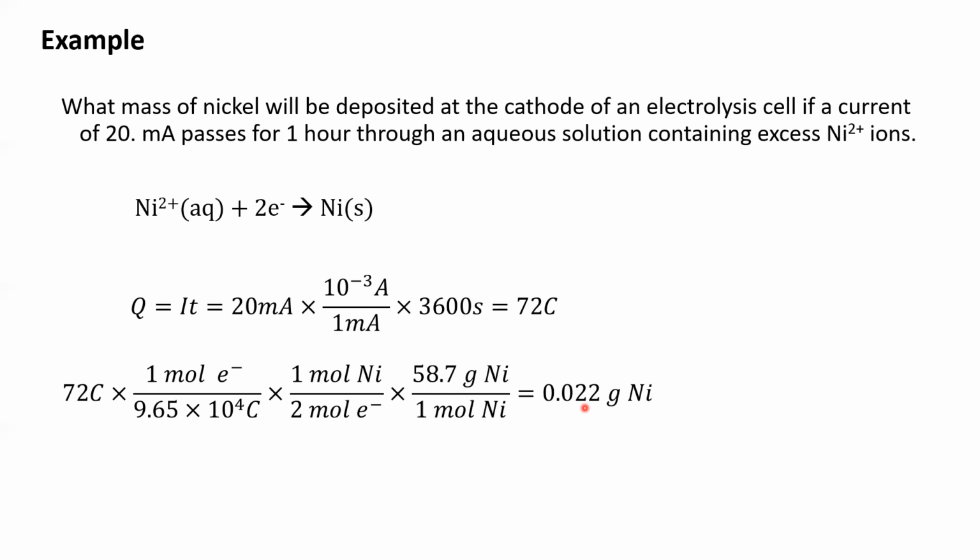The final exam is part the chapter on Ksp and the chapter on electrochemistry. That's 60% of your final exam. And then part will be a review of all the other chapters that we covered during the semester, and that'll be 40%. And we'll talk about that in a lot more detail on Thursday.